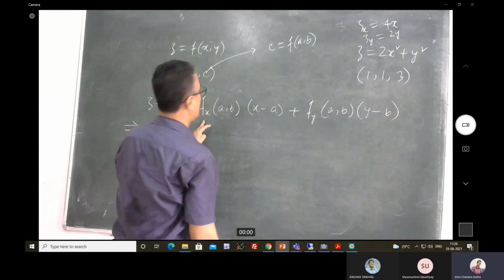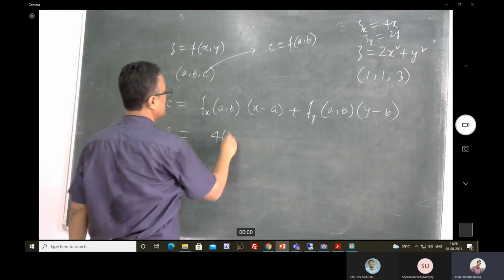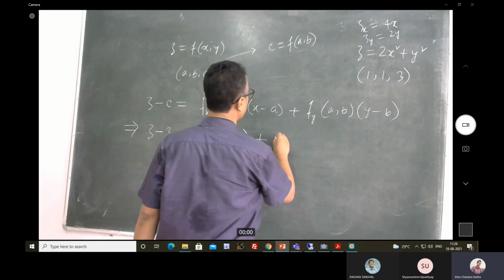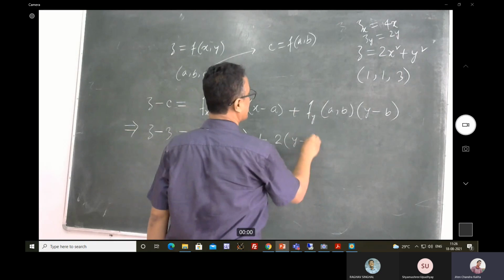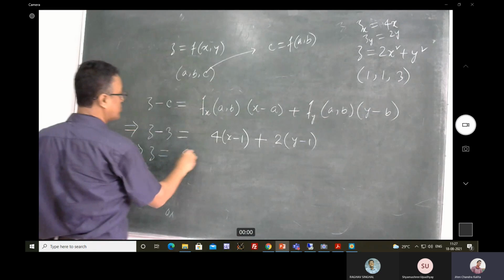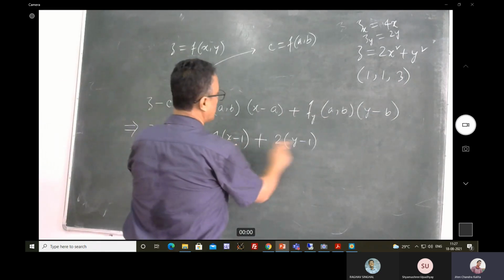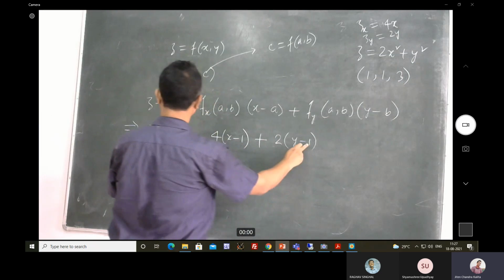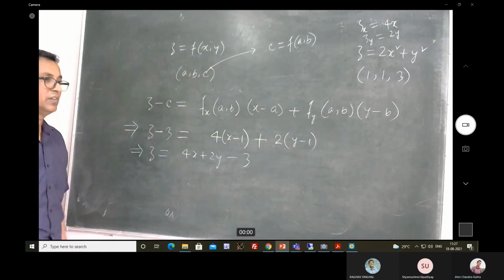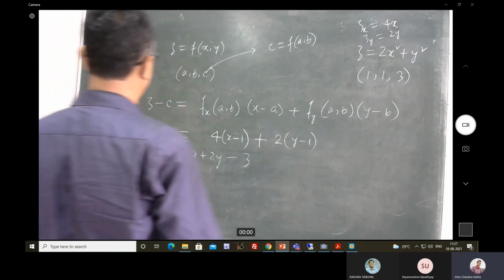So at the point (1, 1), this is simply going to be 4 times x minus 1, and then 2 times y minus 1. So eventually I'm going to get z equal to 4x plus 2y, minus 4 minus 2, that is minus 6, plus 3. So this is minus 3. Okay, fine.